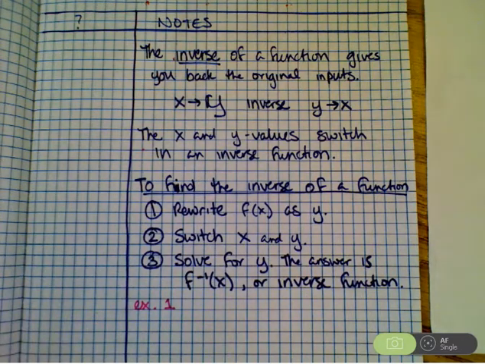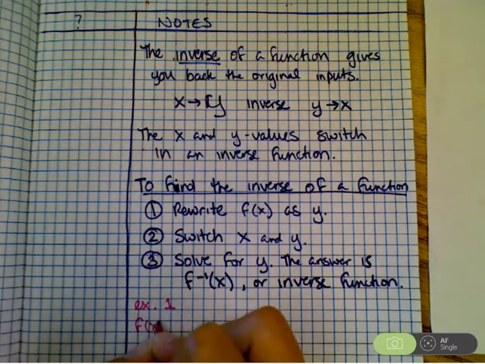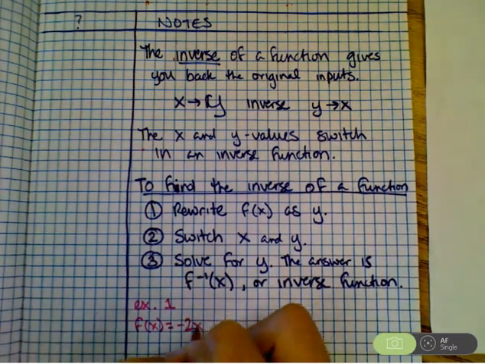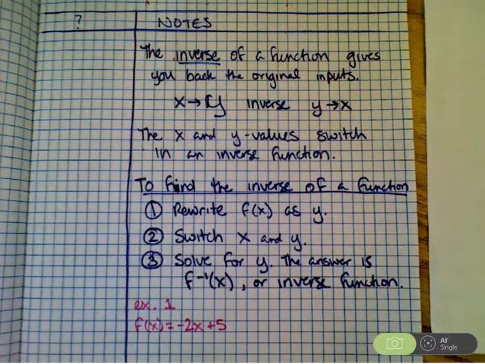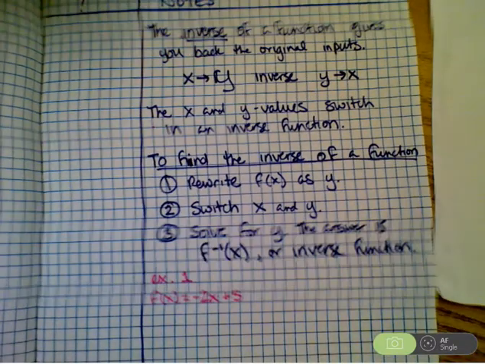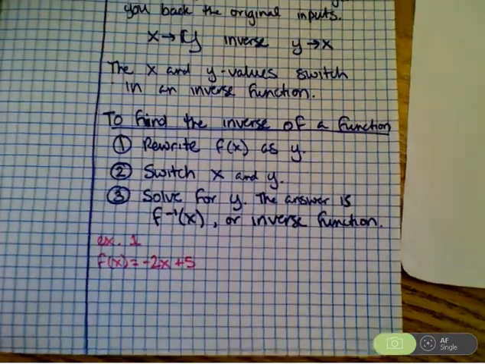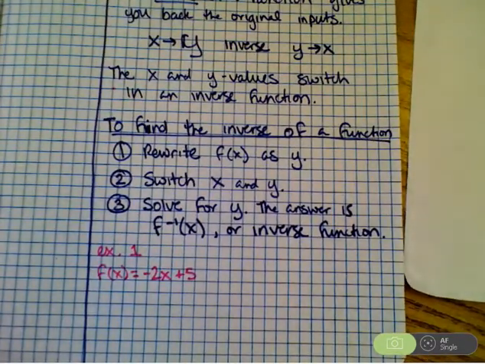So in example 1, we're going to let f of x equal -2x plus 5. So if we want the inverse of that function, we start by replacing this f of x with y, just so that it's a little bit easier to do the rest of it.